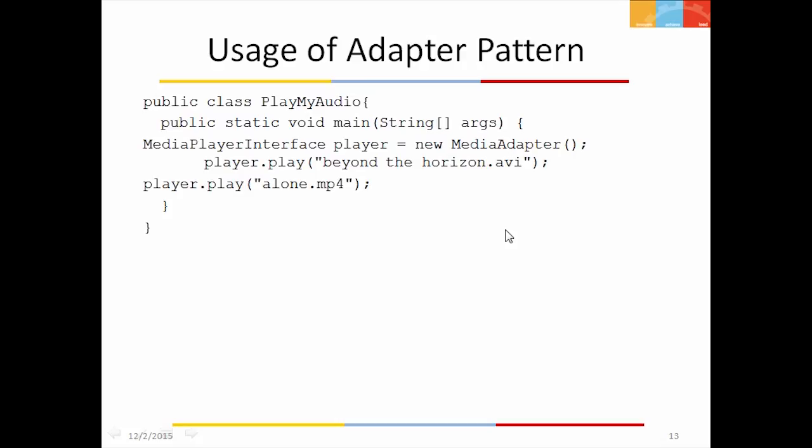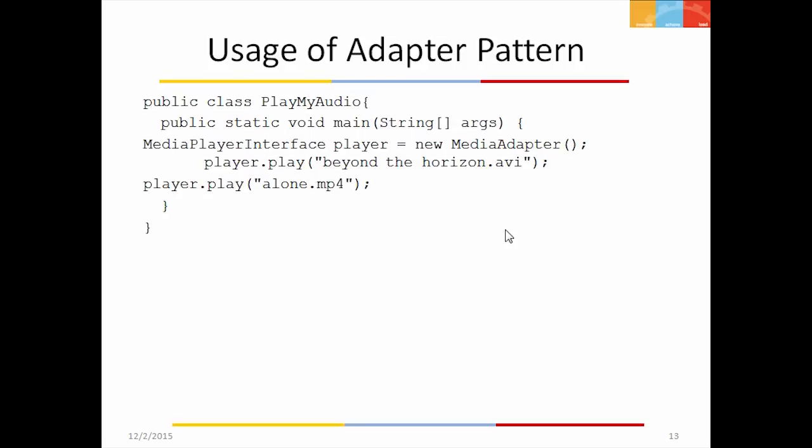Now let's look at the usage of the adapter pattern. I have my client class, which is Play My Audio. This public class Play My Audio has a main method. Inside this main method, observe the way I am calling this adapter. Media player interface player is a new media adapter.